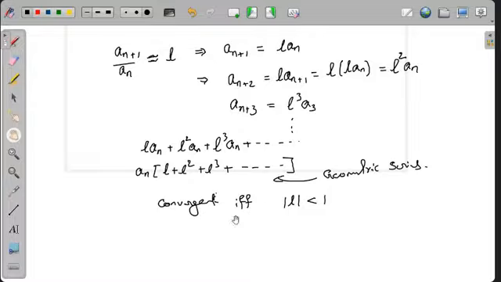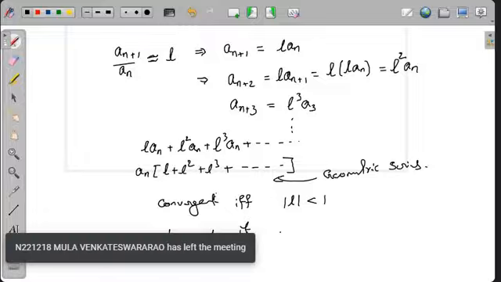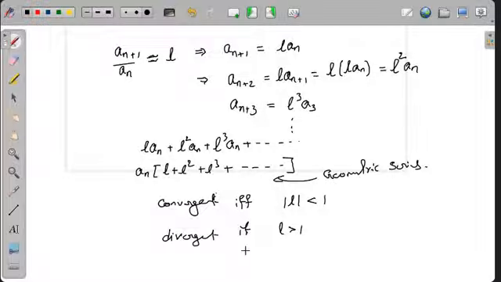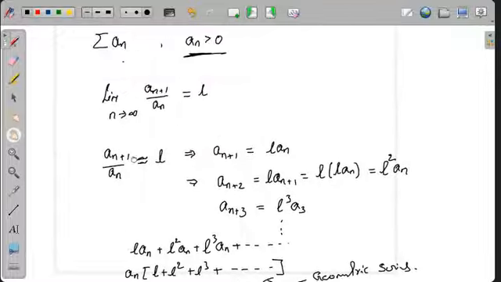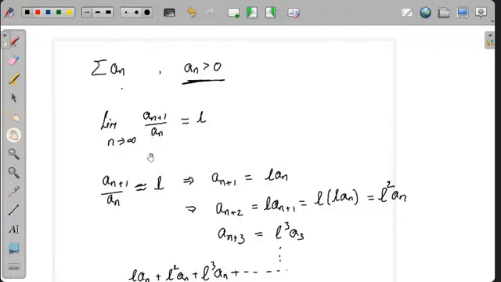But one thing we can say: if L is less than 1, it is convergent. And this is going to be divergent if L is greater than 1. At L equal to 1, this geometric series is divergent, fine, but we cannot conclude anything about the original series.